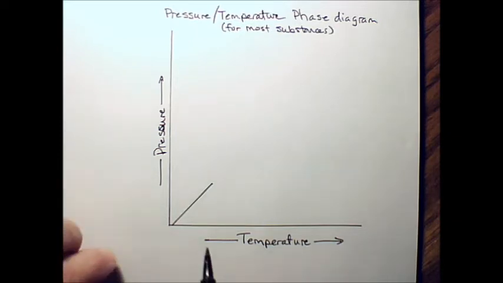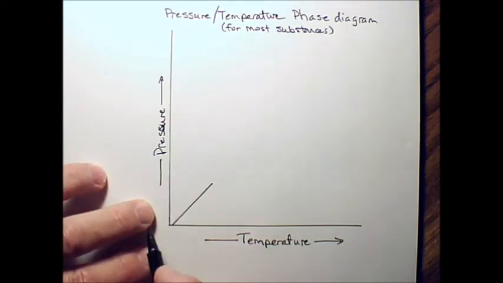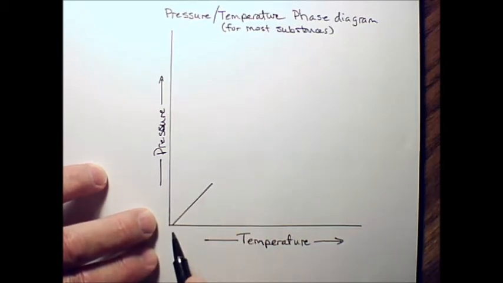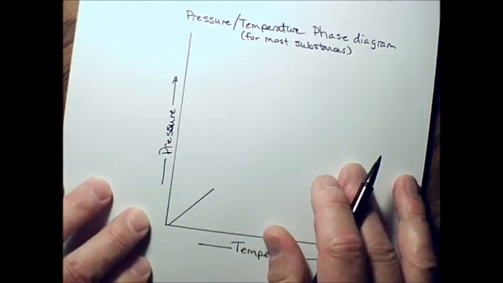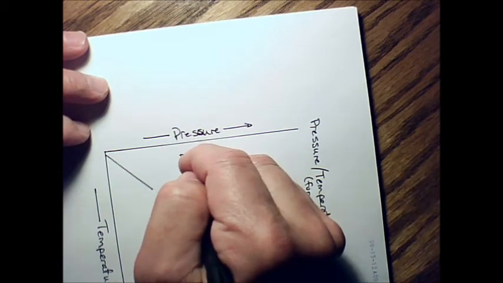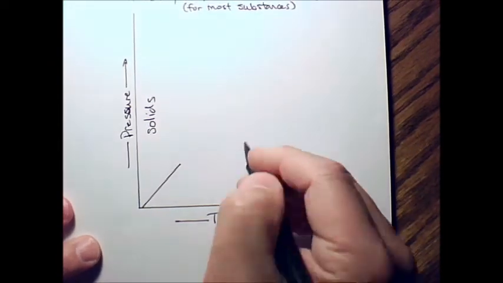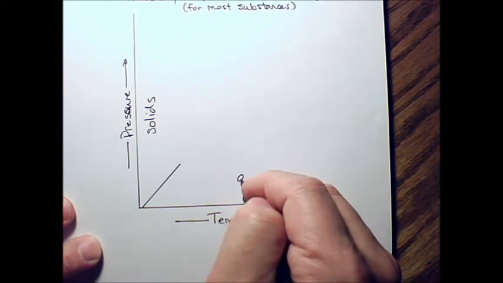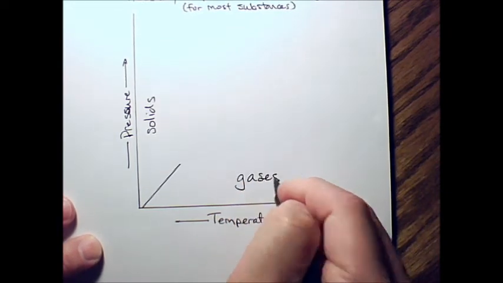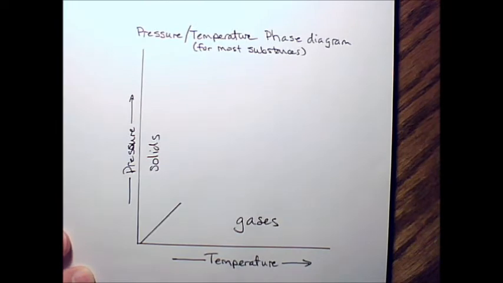Okay? So on this side of this positive sloped line, these are all solids over here. And gases are going to be over here. Okay? There are no liquids.